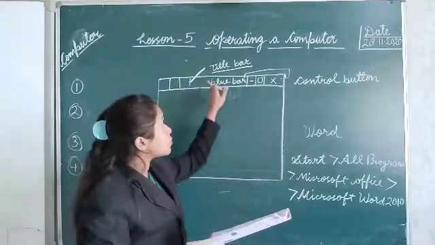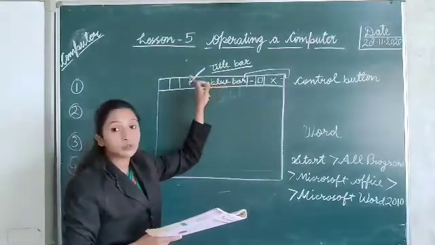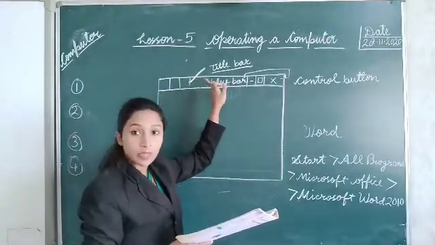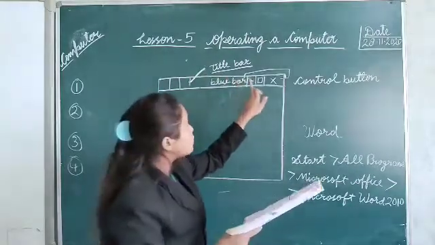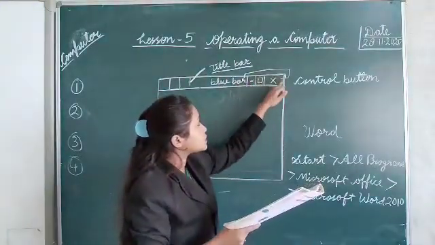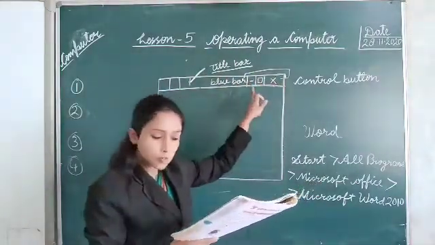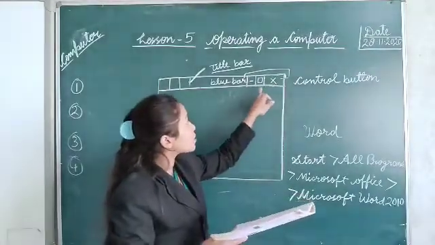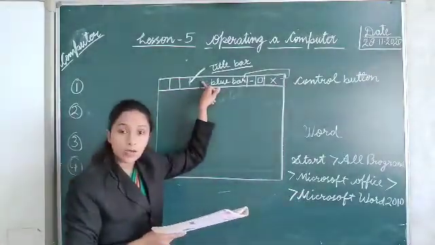The topmost blue bar of Microsoft Word is known as the title bar, and you get the control buttons. These three are control buttons at the top right corner of the title bar.